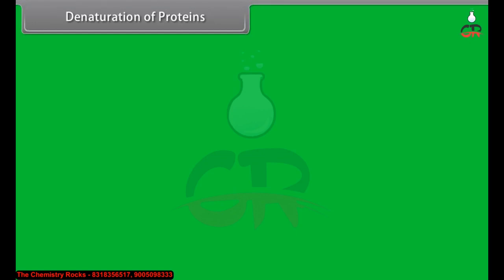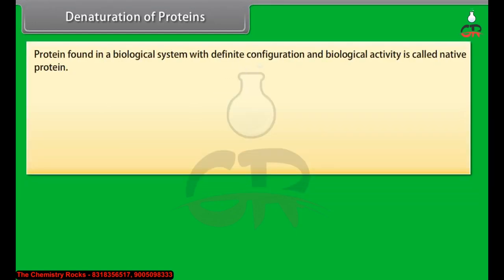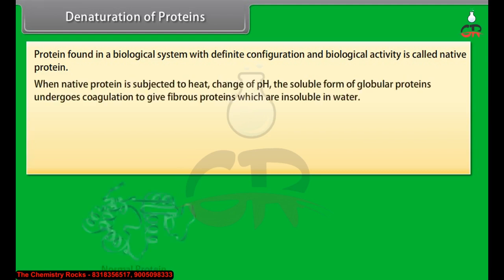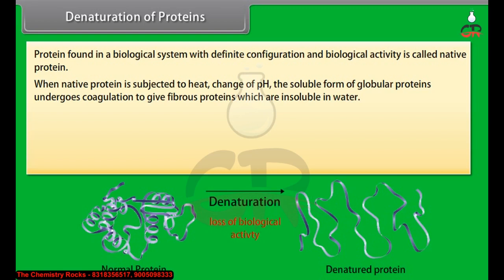Denaturation of proteins. A protein found in a biological system with definite configuration and biological activity is called a native protein. When a native protein is subjected to heat or change of pH, the soluble form of globular proteins undergoes coagulation to give fibrous proteins which are insoluble in water.